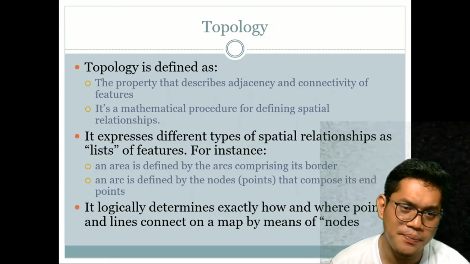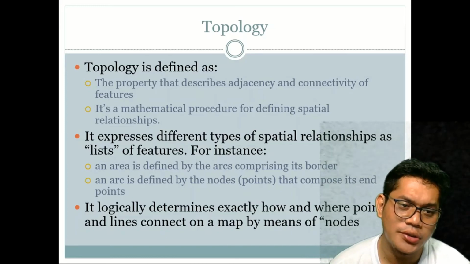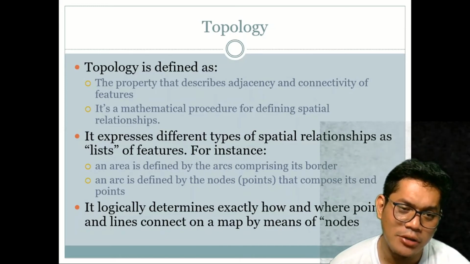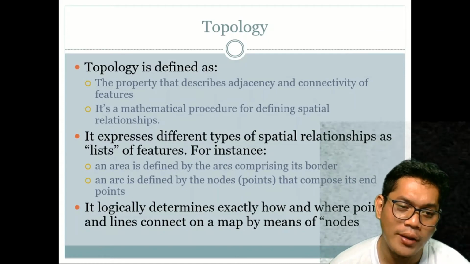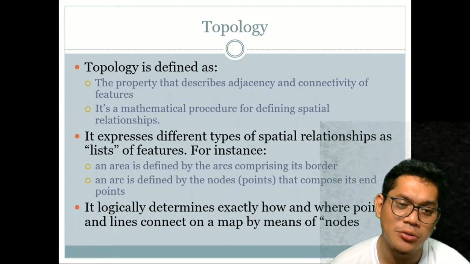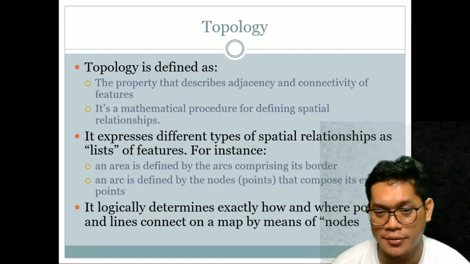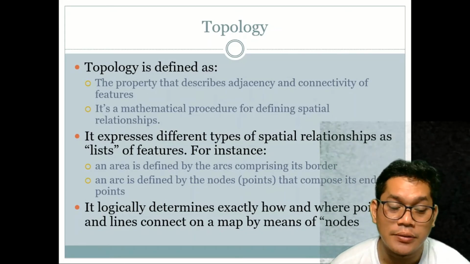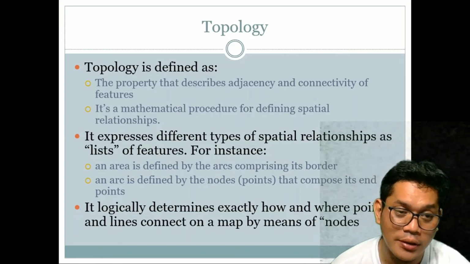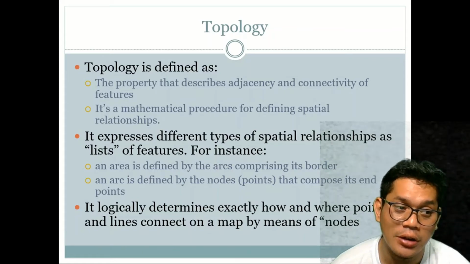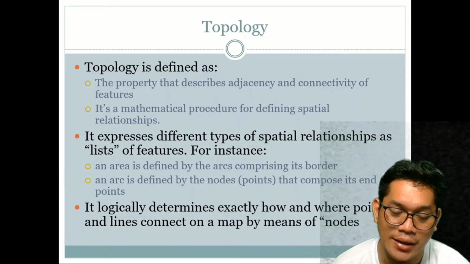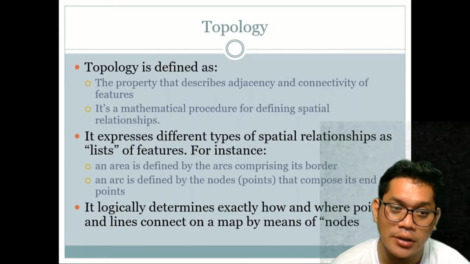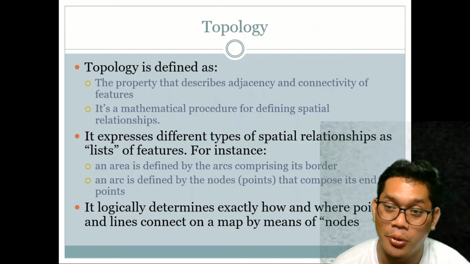Meaning to say here, taking the polygon as an example, it can only be defined as a polygon when all of the dots are connected together and enclose the area. If there is one point that is not connected to another point, or they have some leak in the boundary, the topology will not consider it a polygon.